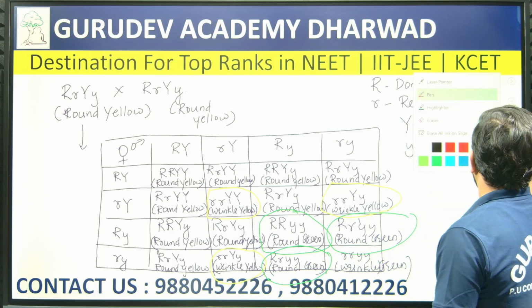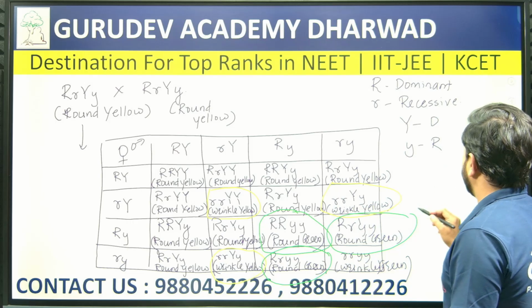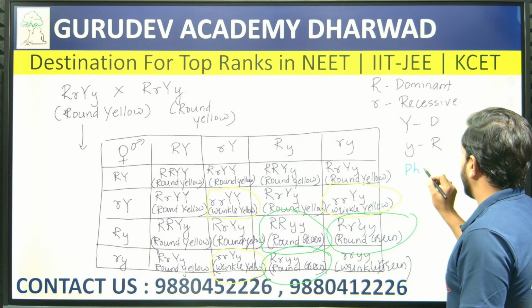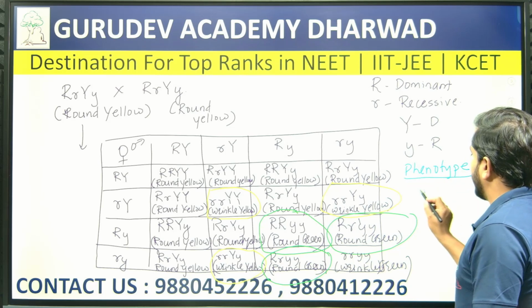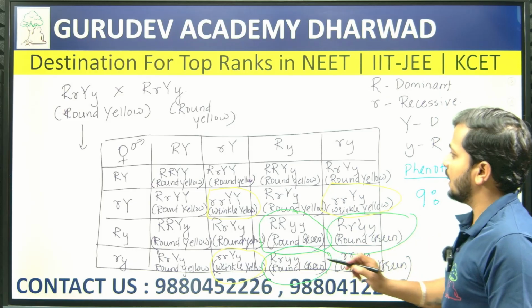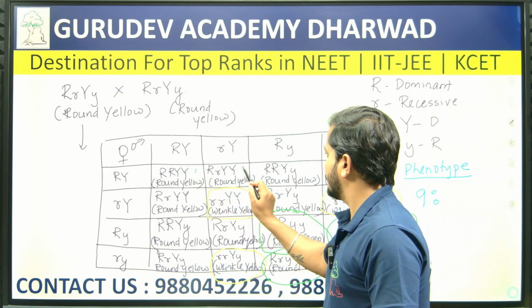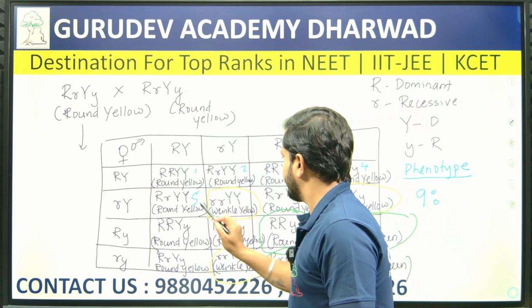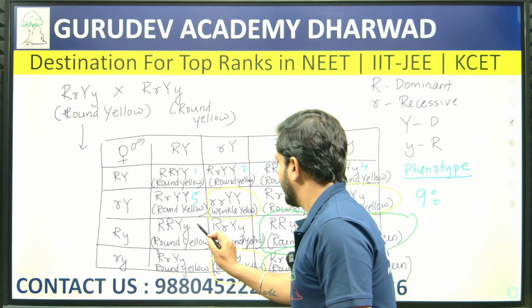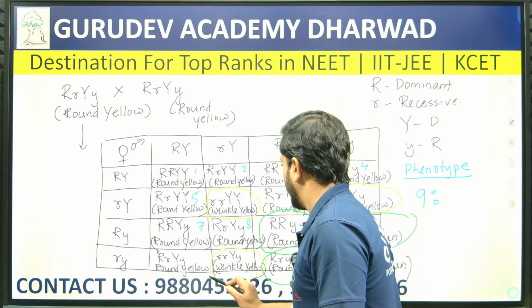Like overall, if I consider the phenotypic ratio, what is it going to give me? 9 of them are the round yellow. See 1, 2, 3, 4, right? Then 5, then 6, 7, 8 and 9.